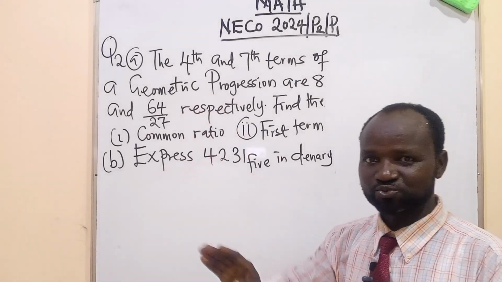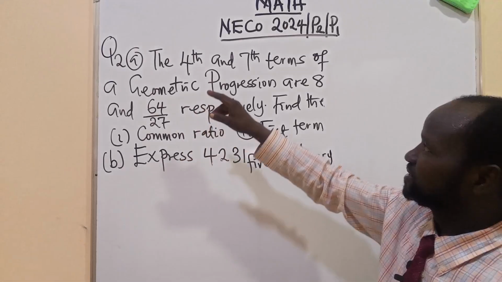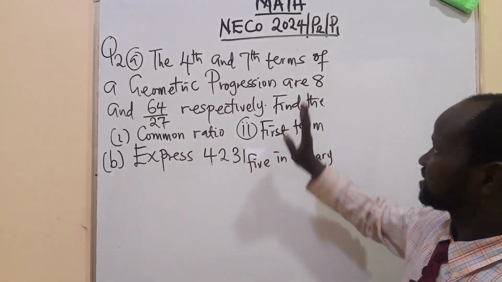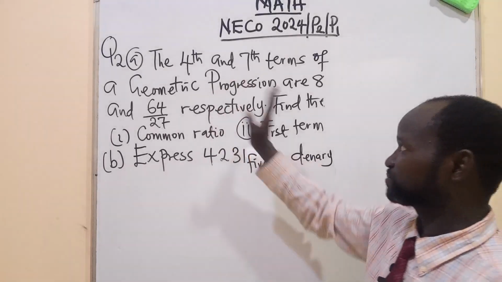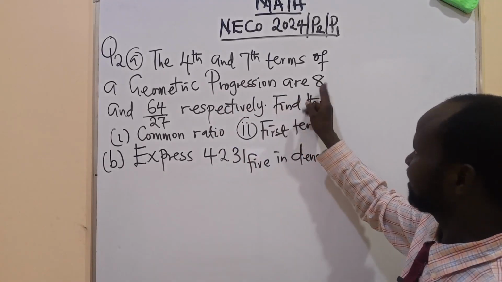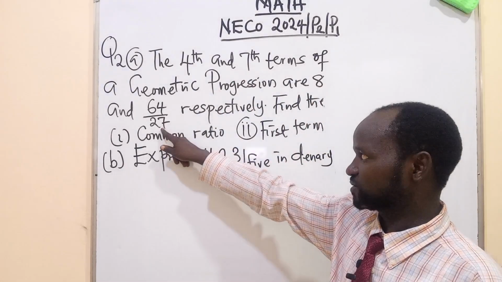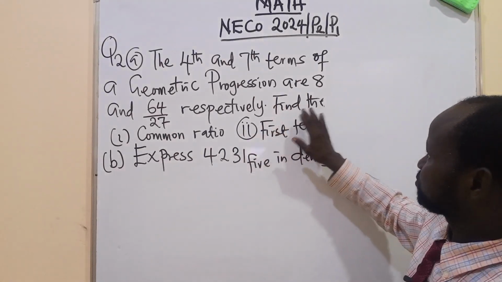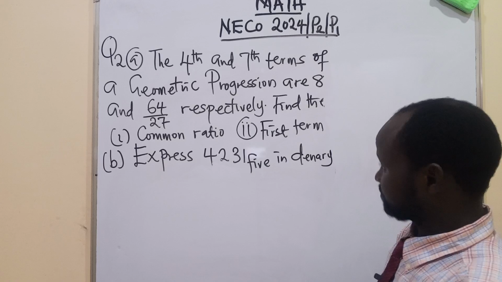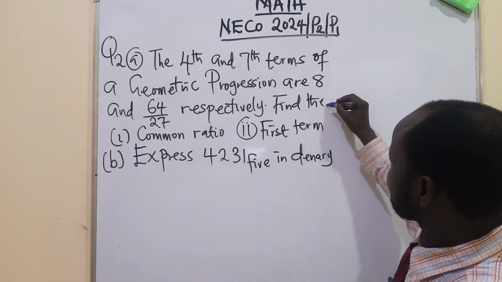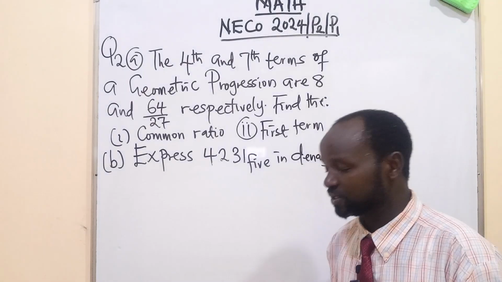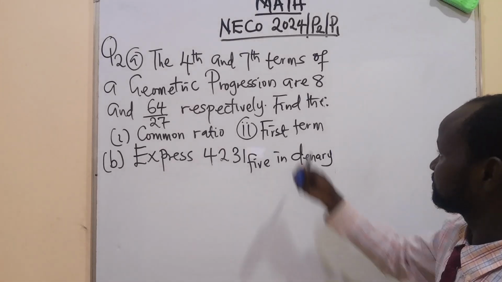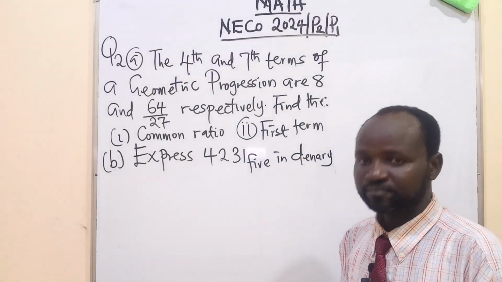Question 2A and 2B reads: the fourth and the seventh terms of a geometric progression are 8 and 64 divided by 27 respectively. We are asked to find, Roman numeral 1, the common ratio, and Roman numeral 2, the first term.